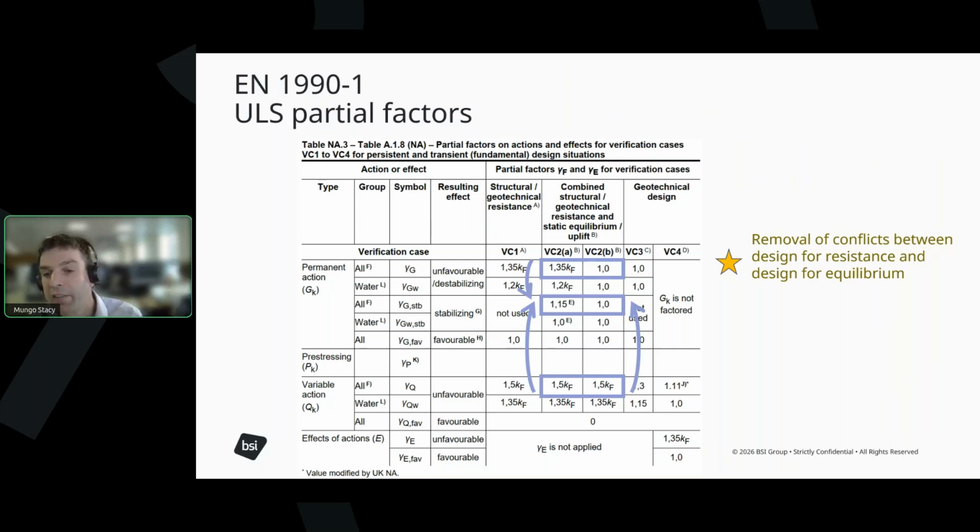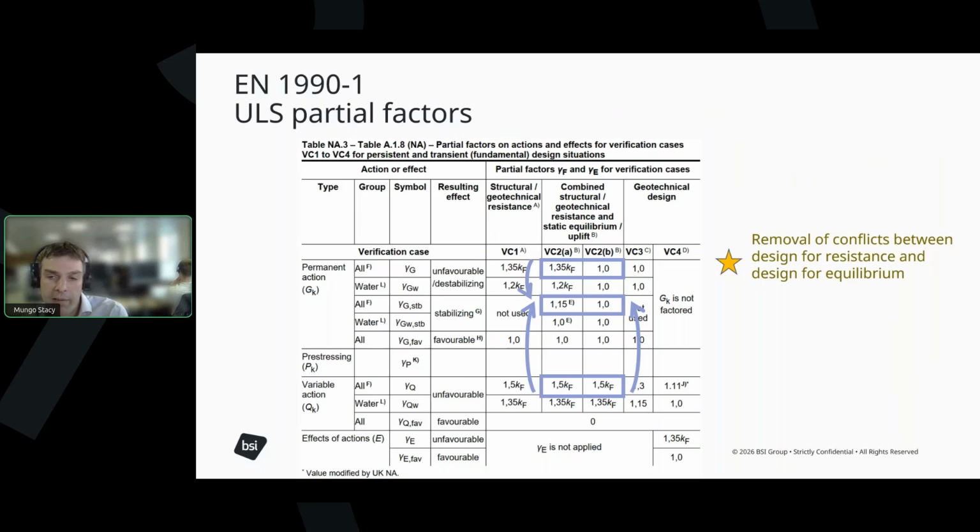The ratio between the two of those is chosen to be the same as the old 1.1 to 0.9, so you have the same margin against instability, but what you also get, though, is that because the 1.35 destabilizing is the same in the equilibrium and the structural resistance checks, you get this ability to also have the value of the anchor force that's required.